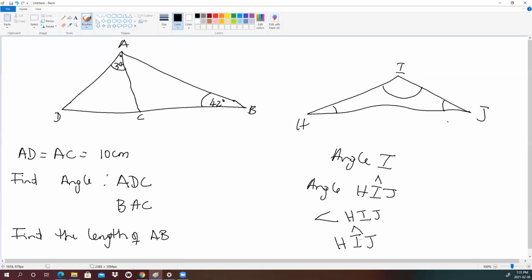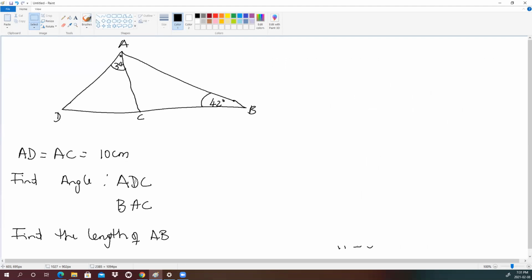So in our question today, if the question is written to say find angle ADC, you know that when you say ADC, the angle that you're looking for is this one right here. And when it says BAC, the one that you're looking for is this one right here.